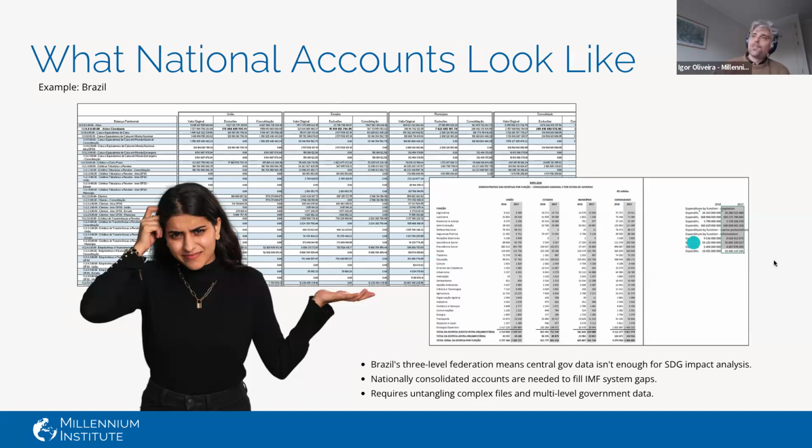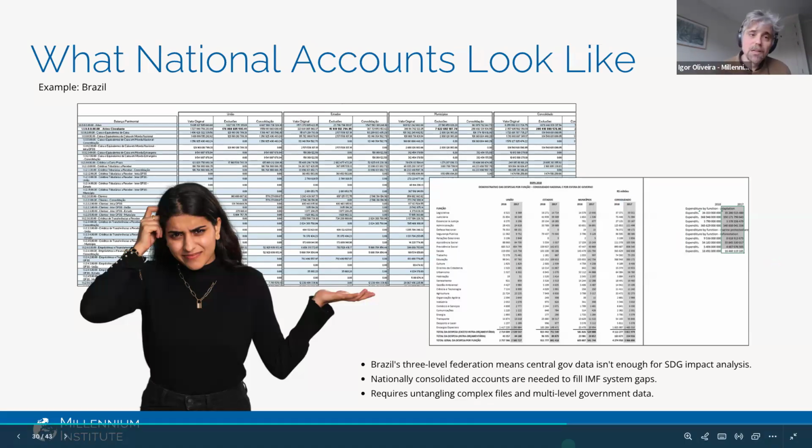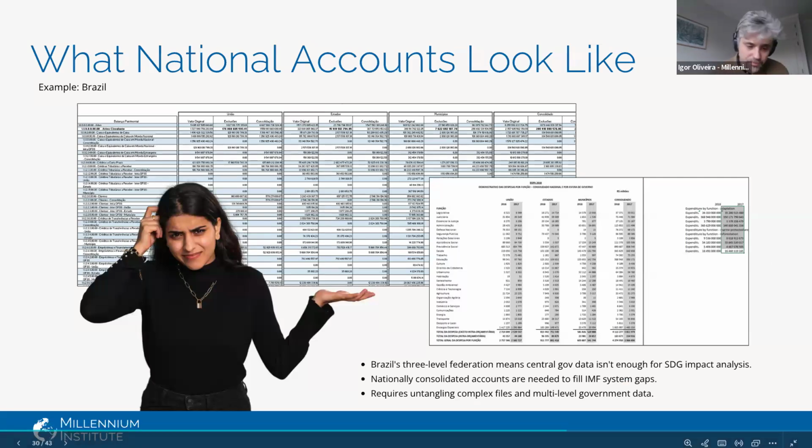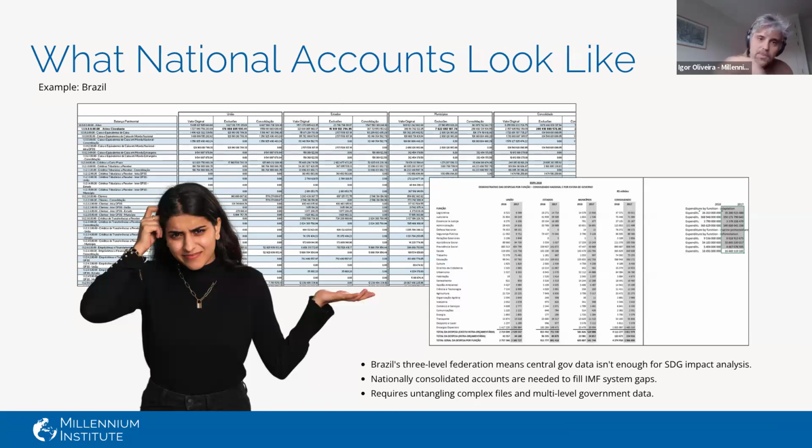And the thing is, when you have holes in the IMF accounting and you want to really dig into national data like we did here, the spreadsheet in the back, the blue one, is actually about debt. The one on top, the white one, is about expenditure.